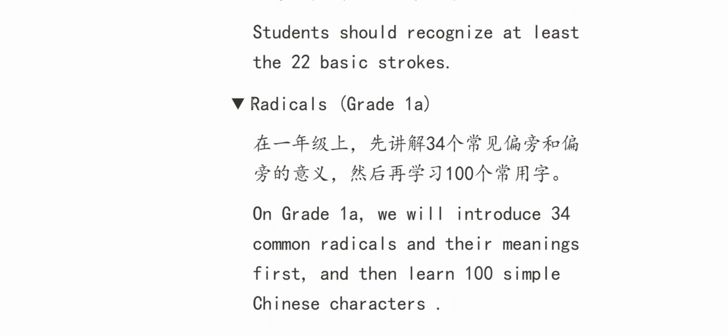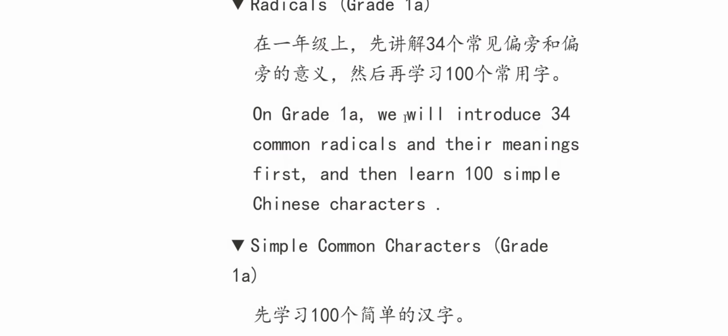Radicals are like organs of a person. In grade 1A, we will introduce 34 very common radicals and their meanings first, and then we will move on to learn 100 simple Chinese characters.